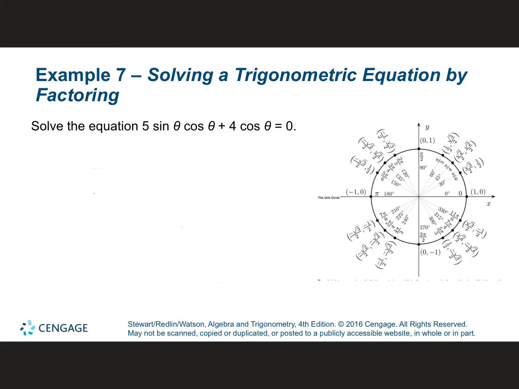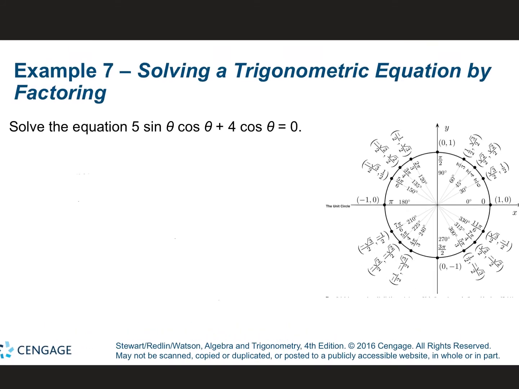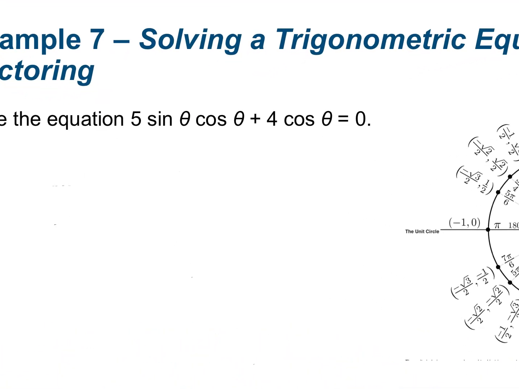For your last example within this lesson, we have 5 sine theta cosine theta plus 4 cosine theta is equal to 0. If it helps, rewrite this as sine is equal to y, cosine is equal to x.